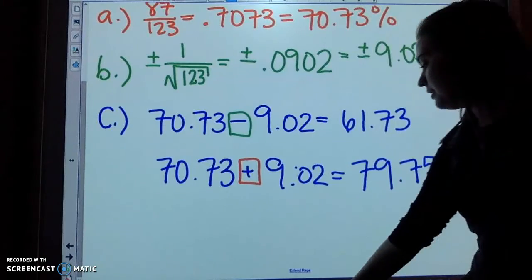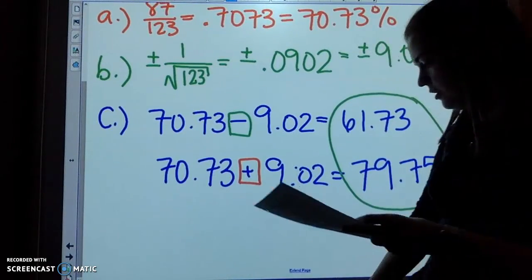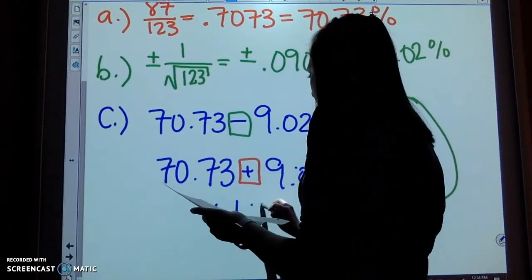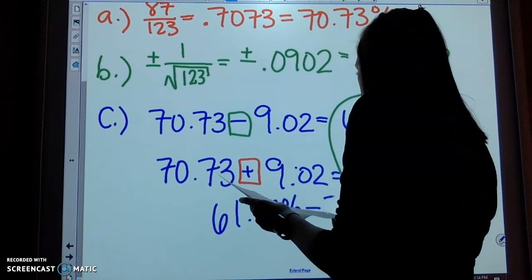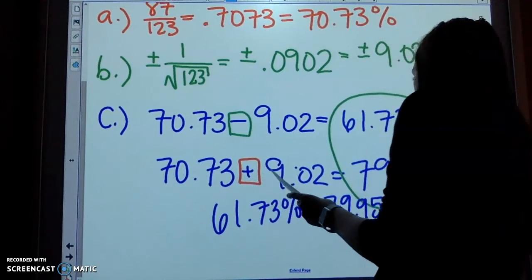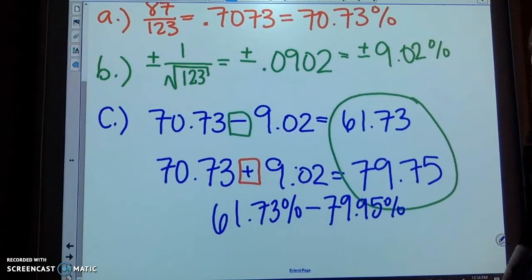You're going to take these two numbers, and that is your interval. So you're going to write your answer as 61.73% to 79.95%. And that is your interval likely to contain the true population proportion.